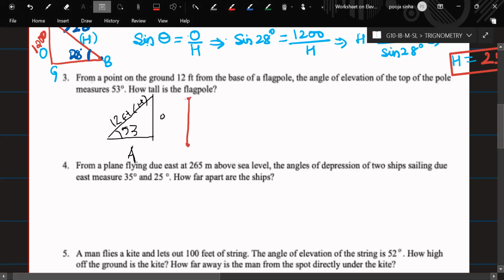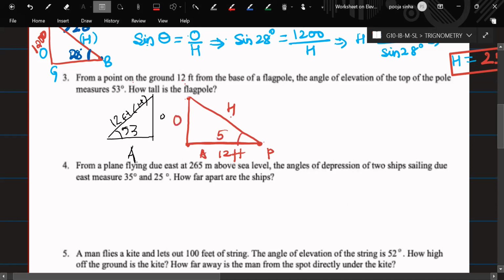The point on the ground is somewhere here, and this distance is 12 feet. This is the hypotenuse, this is adjacent, this is opposite.